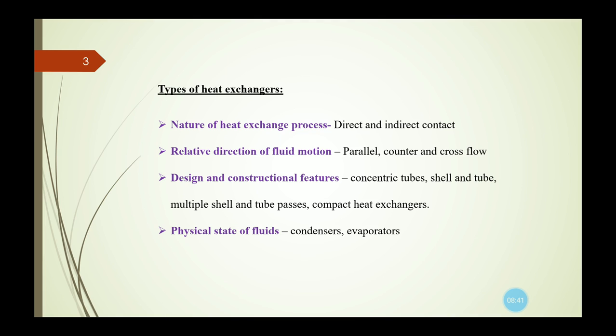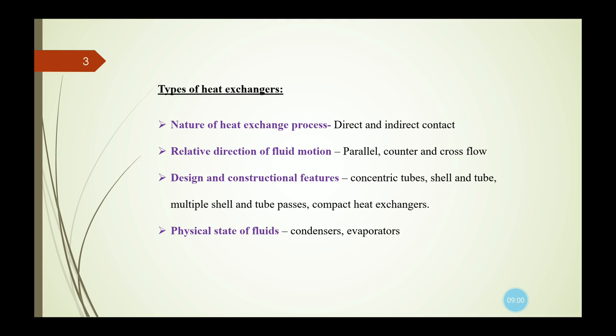Next, in case of a recuperator, which is another indirect contact heat exchanger, the fluids exchanging heat are on either side of the dividing wall, in the form of pipes or tubes.